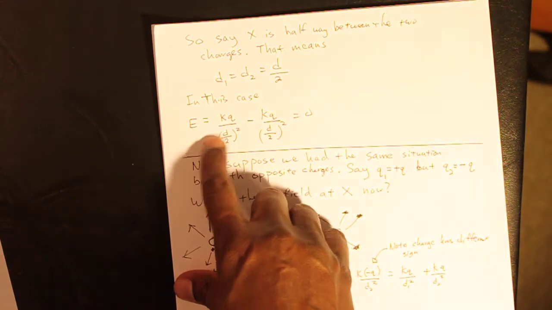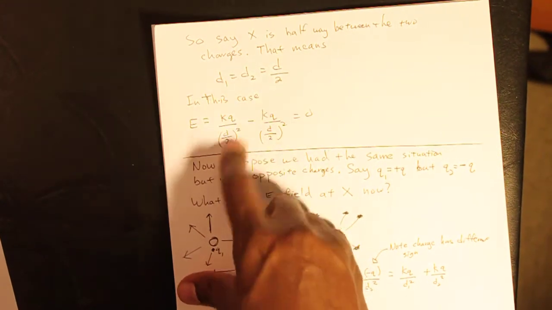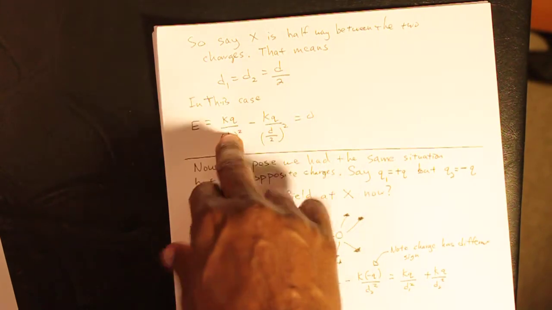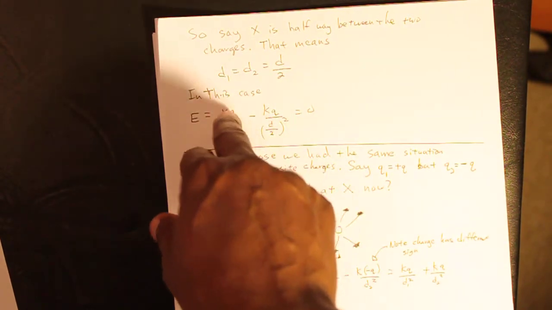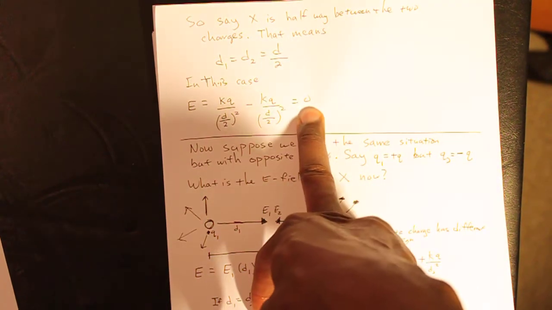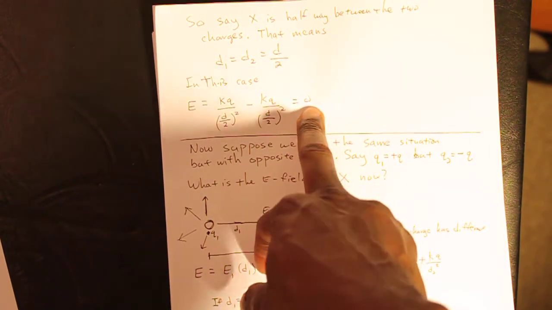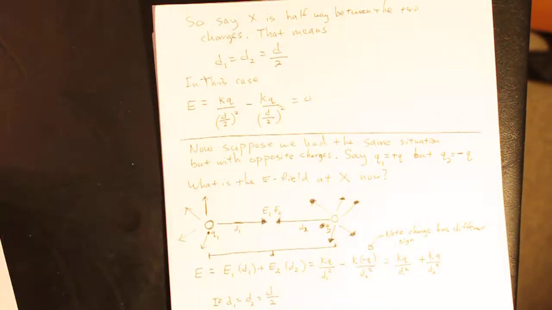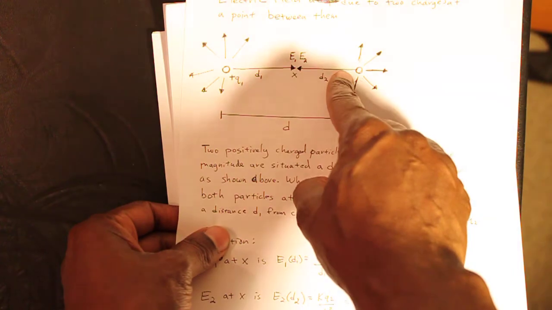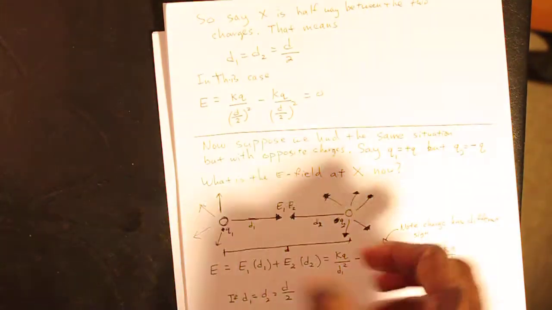That's X being halfway between the two particles. I get this term minus this term, which is the same term, which equals 0. So they cancel each other out at the center. Over here, it's going to be something different, but at the center, they cancel each other out.